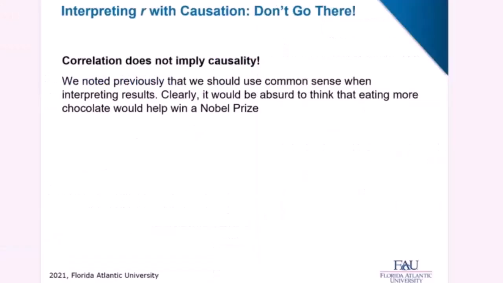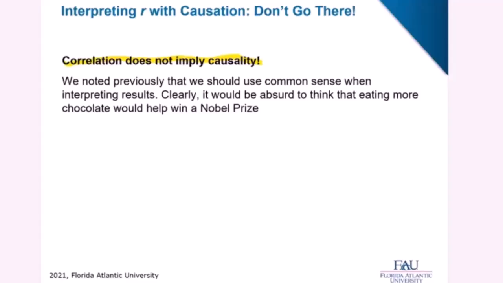Correlation does not imply causality. If two things are correlated, it does not mean that one causes the other. We noted previously that we should use common sense when interpreting results. Clearly, it would be absurd to think that eating more chocolate would help win a Nobel Prize. If something's linearly correlated, it does not mean that it's the cause of it.